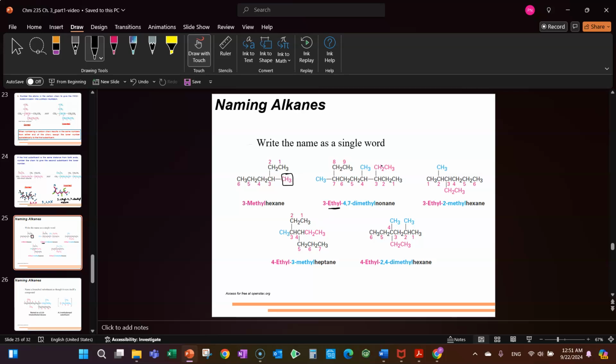So we have the third position, see, ethyl group here, and then at fourth we have a methyl, and at the seventh we have another methyl. So 3-ethyl-4,7-dimethylnonane. Then we have here the same thing, ethyl, because it's alphabetical order, it comes first, then M, so 3-ethyl-2-methylhexane. Another one with a heptane chain, and the next one with hexane.